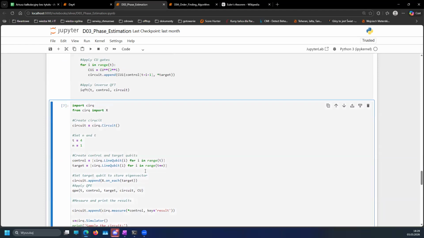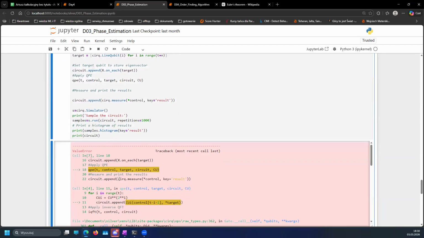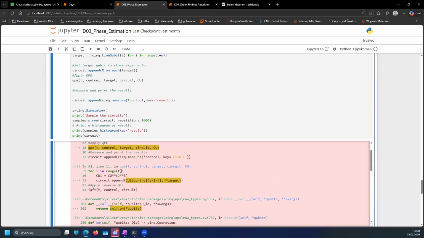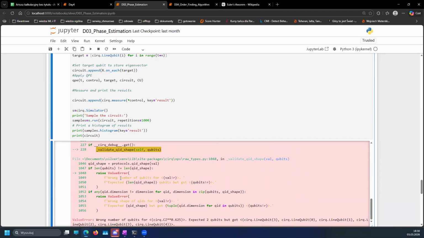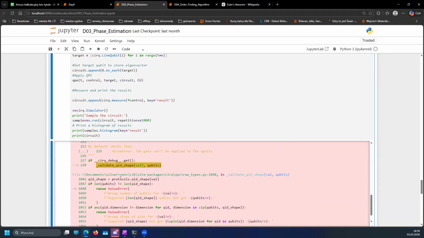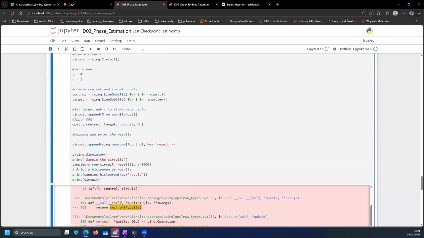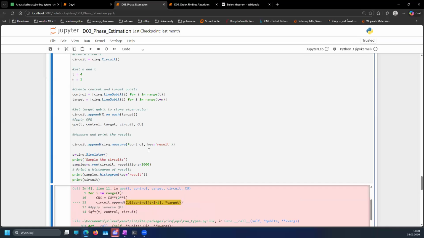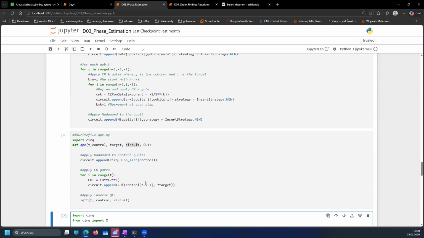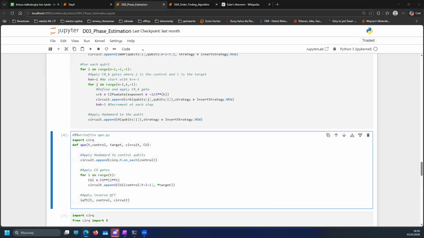Now this should work, or maybe not. Then inside we have this append, t minus i minus 1.